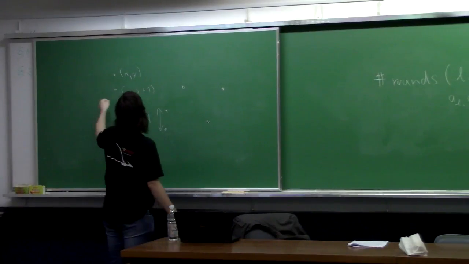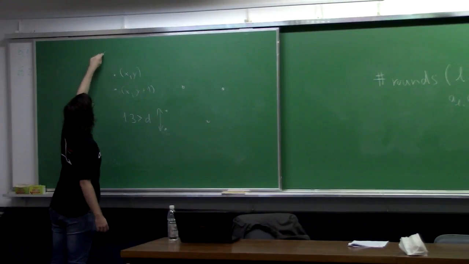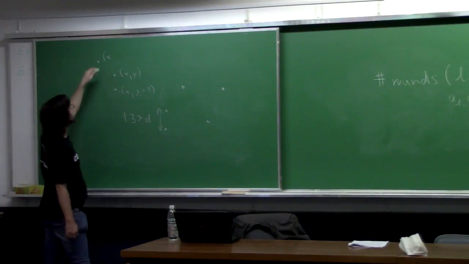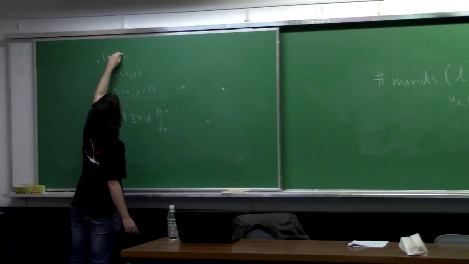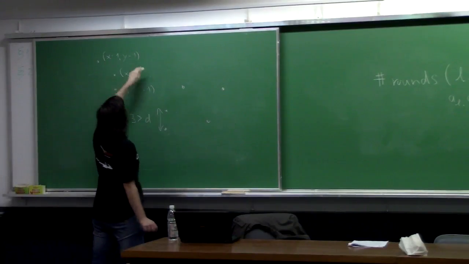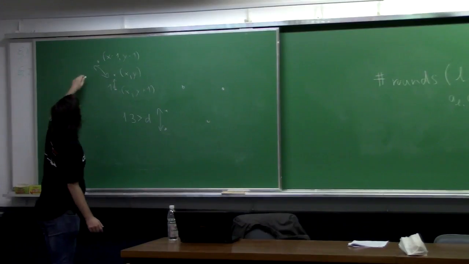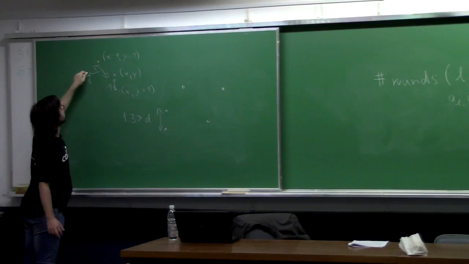But if we have 2 points such that they differ by at least 1 in each coordinate, so for example x minus 1, y minus 1, then the distance between these 2 points is the square root.